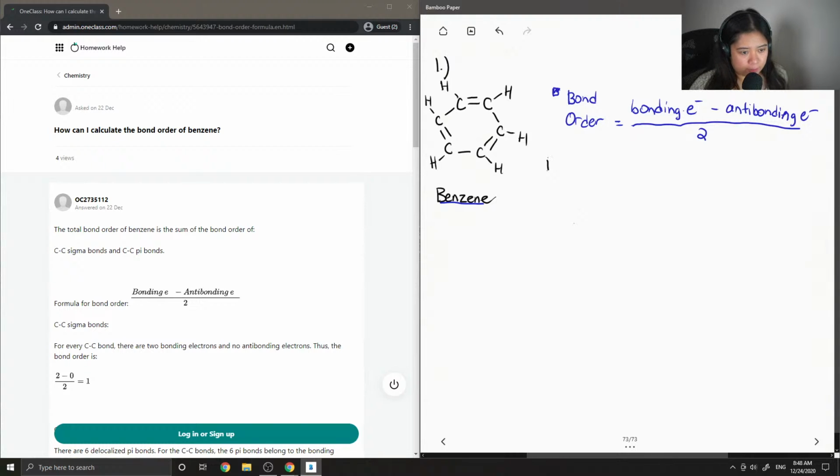I'll answer this question in 2 parts. For the first part, I'll write down that each sigma bond contains 2 electrons.